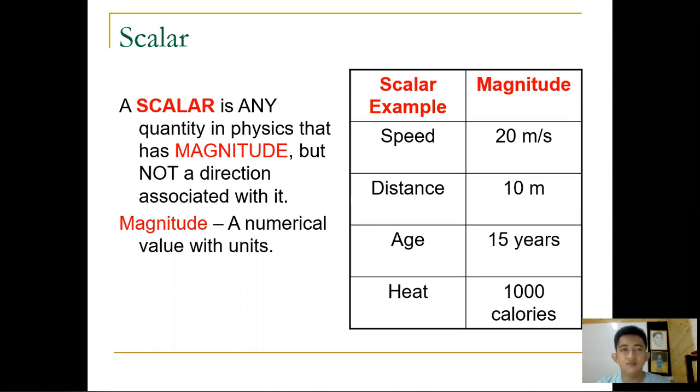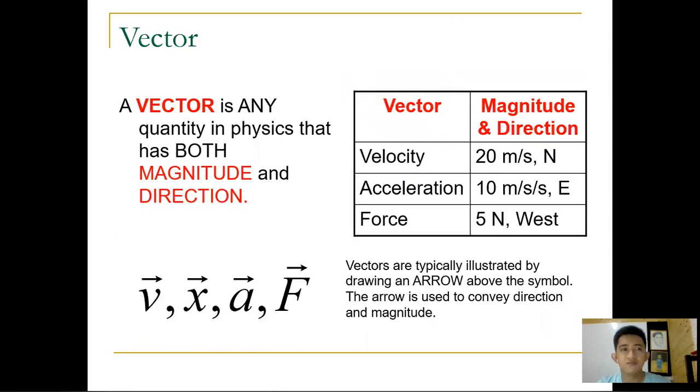On the other hand, a vector quantity is a physical quantity that has both magnitude and direction. Let's take note that we write vectors with an arrow on top.